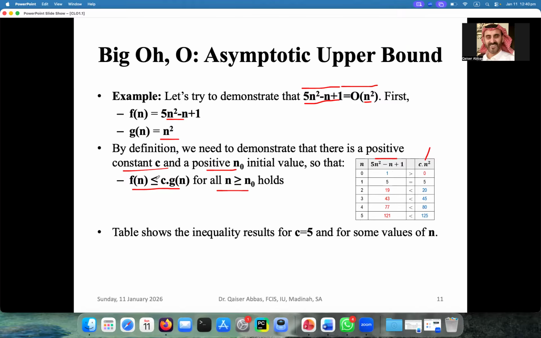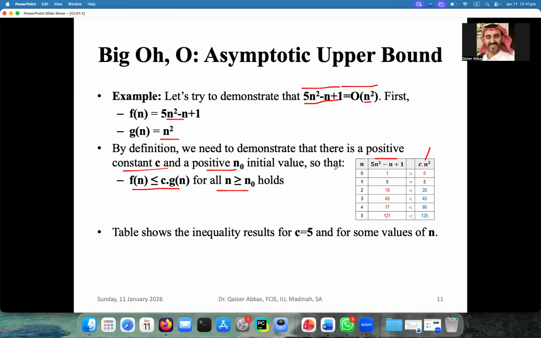This is the equation, f of n less than or equal to c g of n, where c multiplied by n square is c g of n. Here it is n, and we are starting from 0 onward. You don't have to take too many values. Just check 4 or 5 different values, say okay, this is true, and then move on.